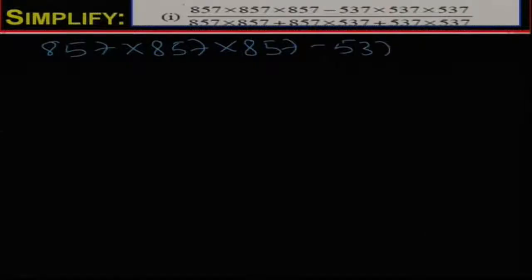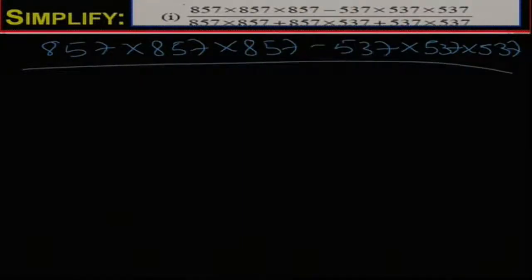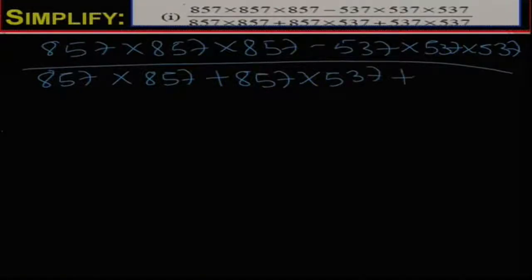Suppose this is 857 into 857 into 857 minus 537 into 537 into 537, divided by 857 into 857 plus 857 into 537 plus 537 into 537.